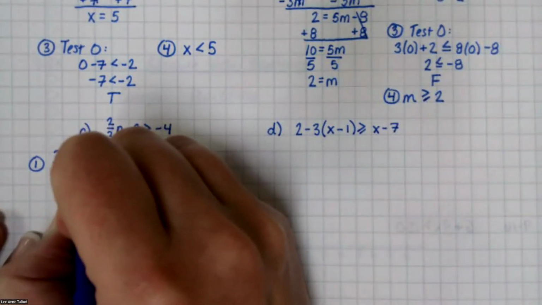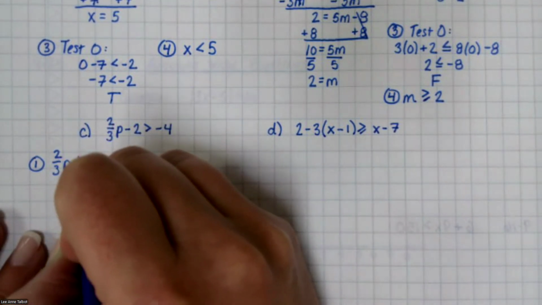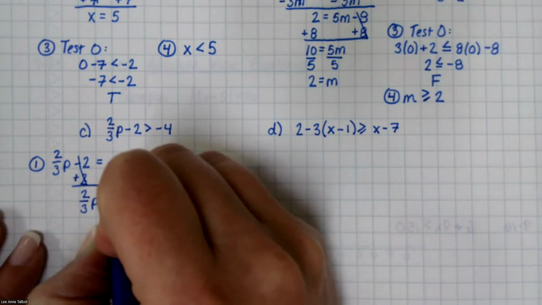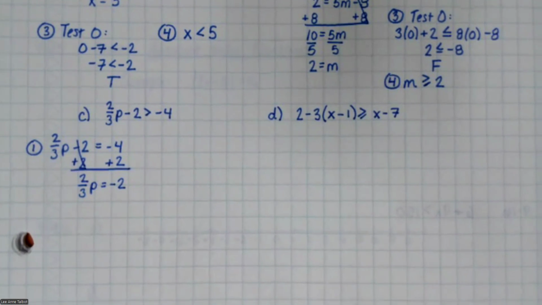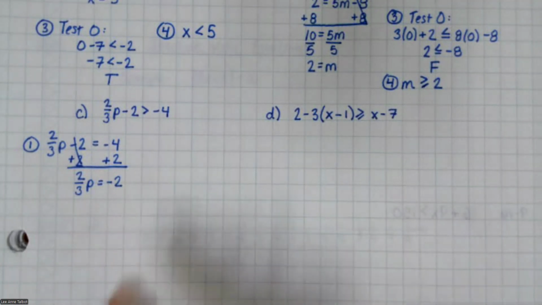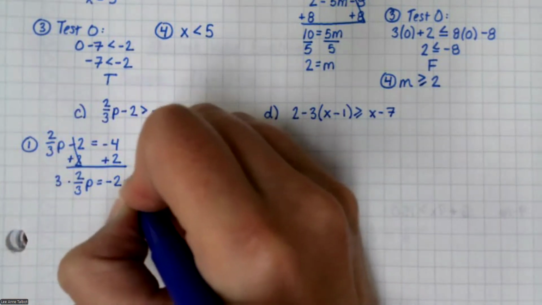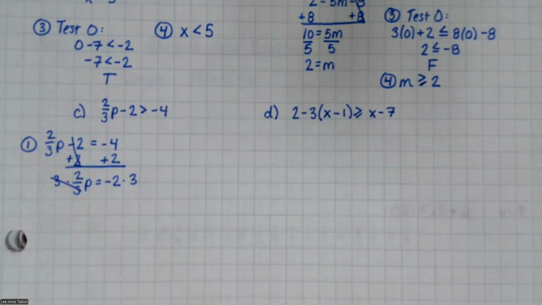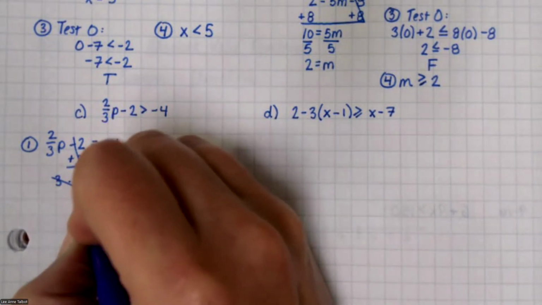I'm going to add 2 to both sides. Now, there's multiple ways to do this, but what I like to do is multiply both sides by the denominator to undo the division. So I multiply both sides by 3. That gets rid of the 3 at the bottom here. It's like fraction busting.